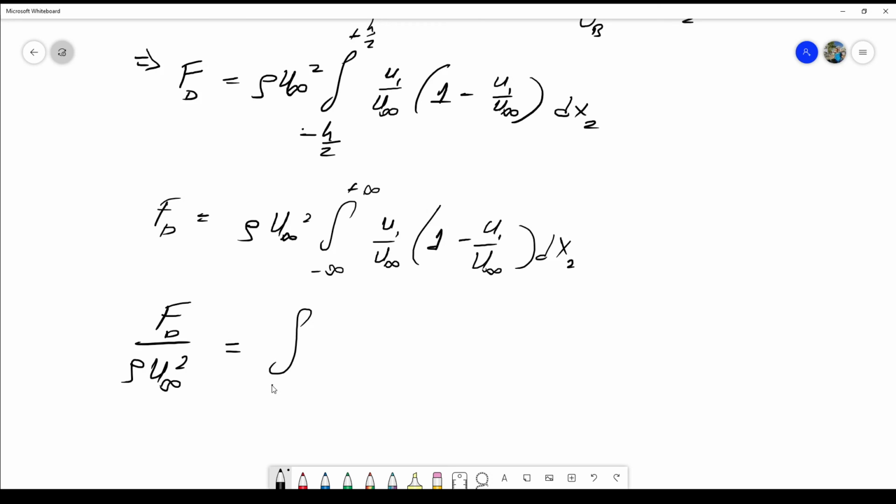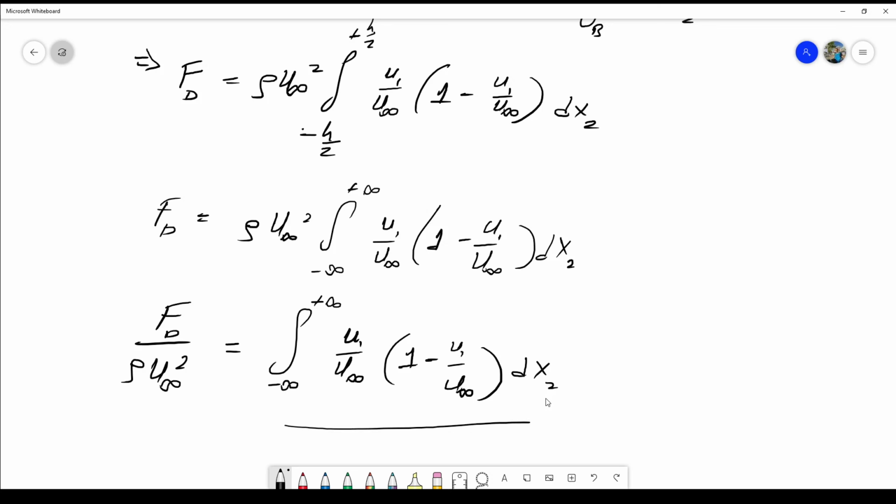If I take this from negative infinity to positive infinity, we have this expression, the right-hand side equation here, which is very similar to the momentum thickness of the boundary layer.